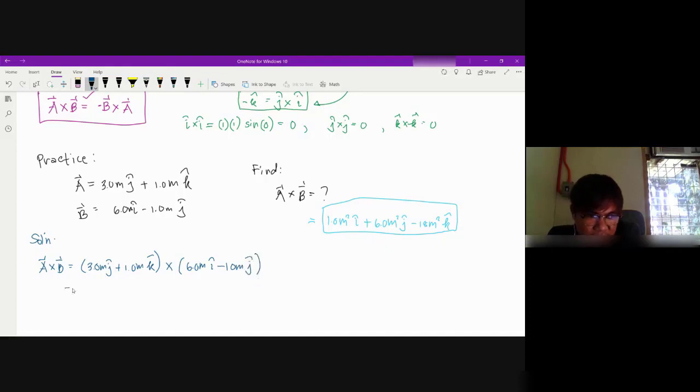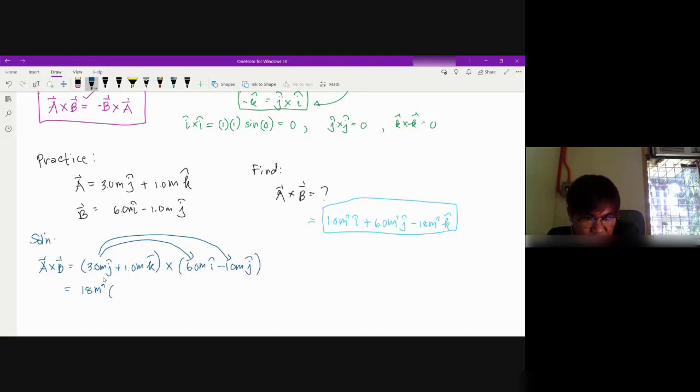What we will do is distribute, right? This one and then that one. So the first multiplication produces 18 meters square.